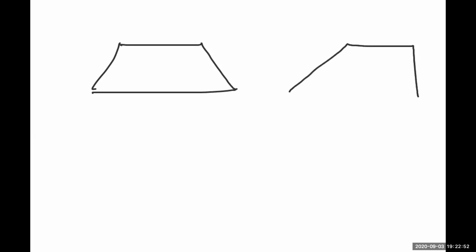Trapezoid, two different types, same thing. Trapezoid means that two sides are parallel. Let's not say that they're equal though.